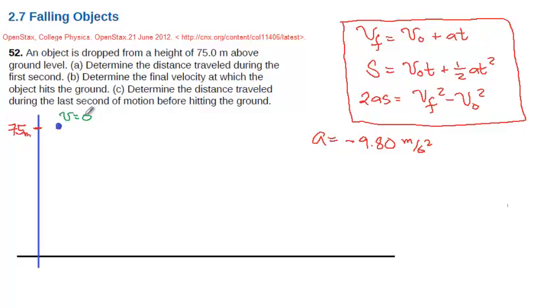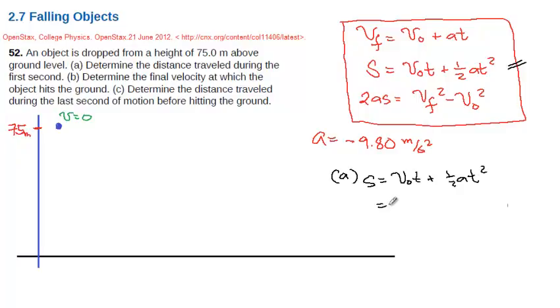So v initial is zero, and for part A we're looking for the distance traveled during the first 1 second. I think it's good to use equation 2 here: s equals v-naught t plus 1/2 a t squared.